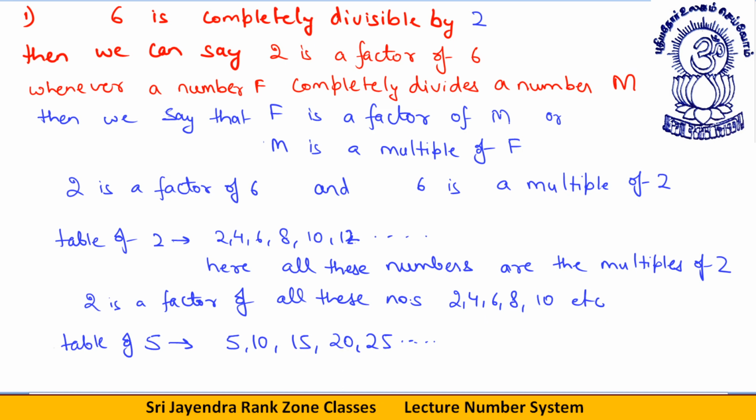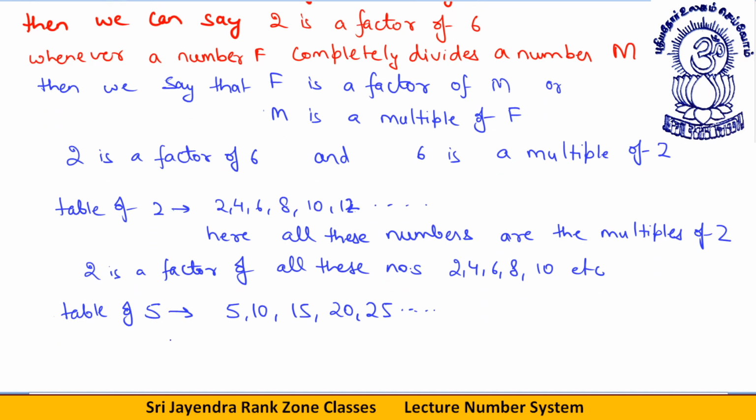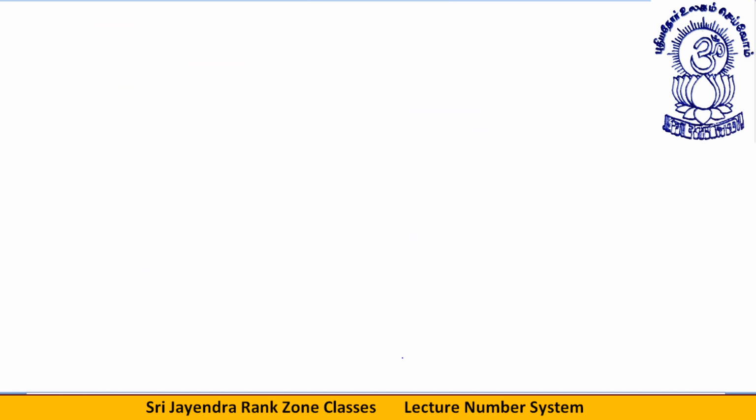So from this I can say that 20 is a multiple of 5, or 5 is a factor of 20. So far things must be clear to all of you. Let's move ahead.